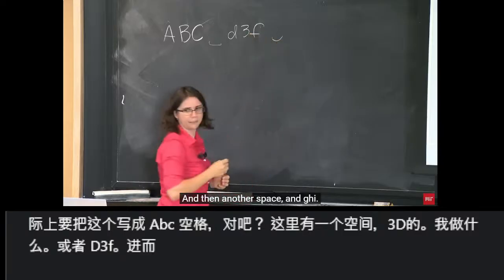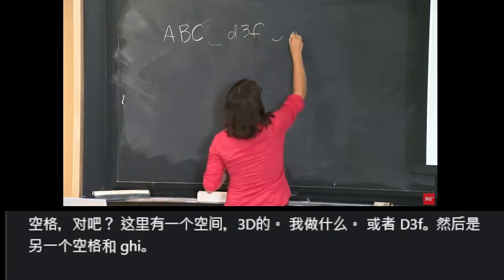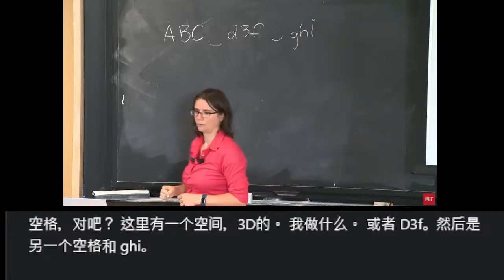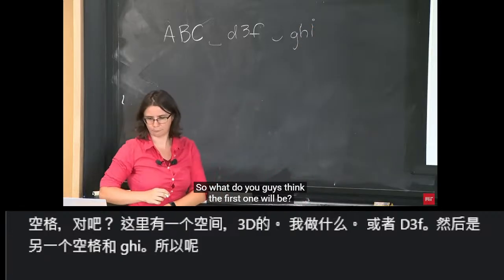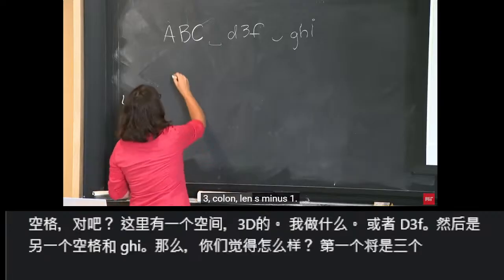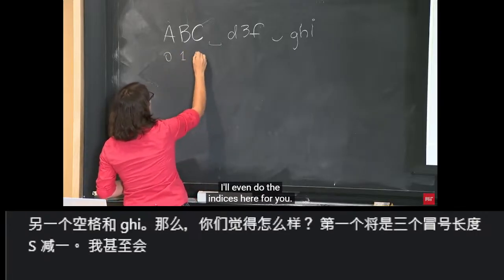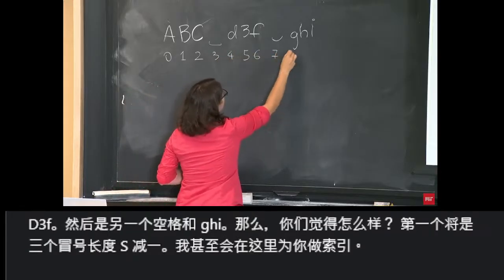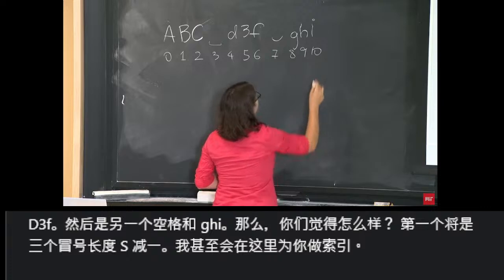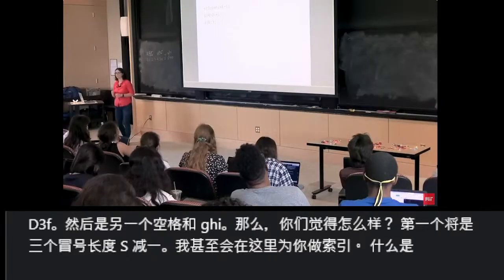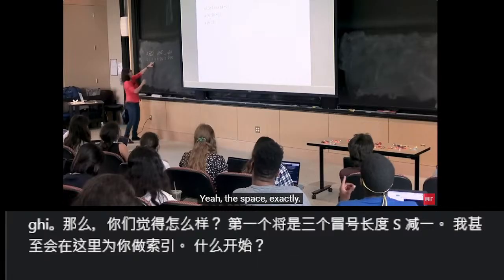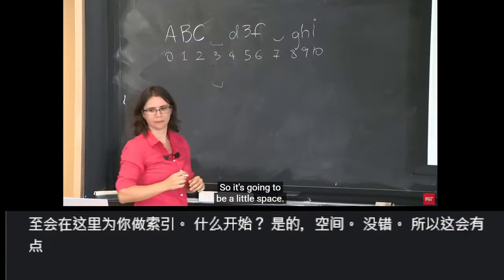So what do you guys think the first one will be? 3 colon len(S) minus 1. I'll even do the indices here for you. What's the start? Yeah, the space, exactly. So it's going to be a little space.